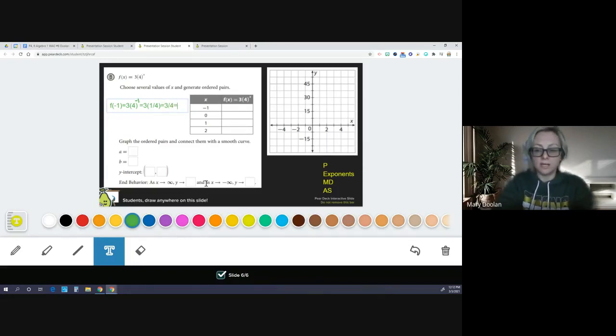You can leave it like that, or you can put it as a decimal. 3/4 is the same as 0.75. It's up to you if you want to write it as a fraction or a decimal, but write it one way or the other. I'm going to write it as the decimal. And we're going to plot this ordered pair. So the x coordinate is -1, the y coordinate is 0.75.